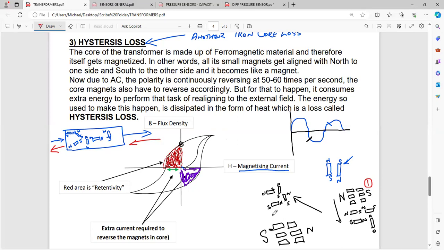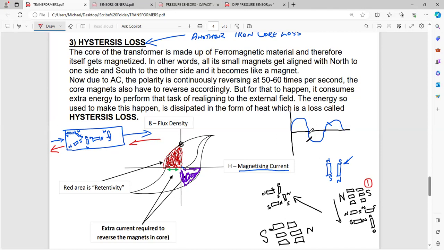Now, case 2. This current is becoming less and less now towards 180. And therefore, as it becomes less and less, once again these magnets are going to try and come back into the original mixed up position. But not all of them are going to change once your current has reached 0.